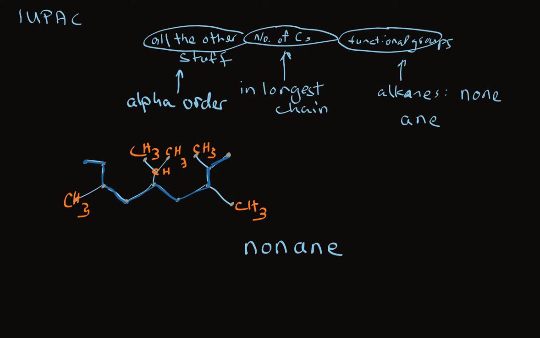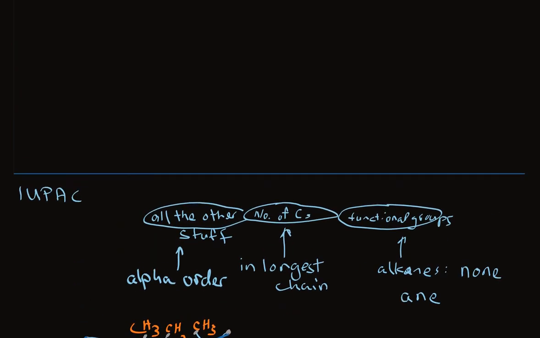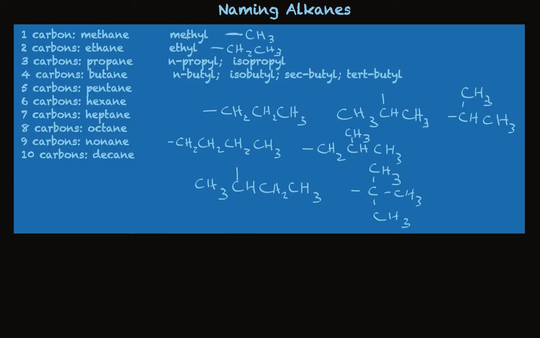We go up and take a look at our list. CH3 is called methyl, and the CH3, CH3 group, either written like this or this, is called isopropyl. So we have an isopropyl group and a methyl group.